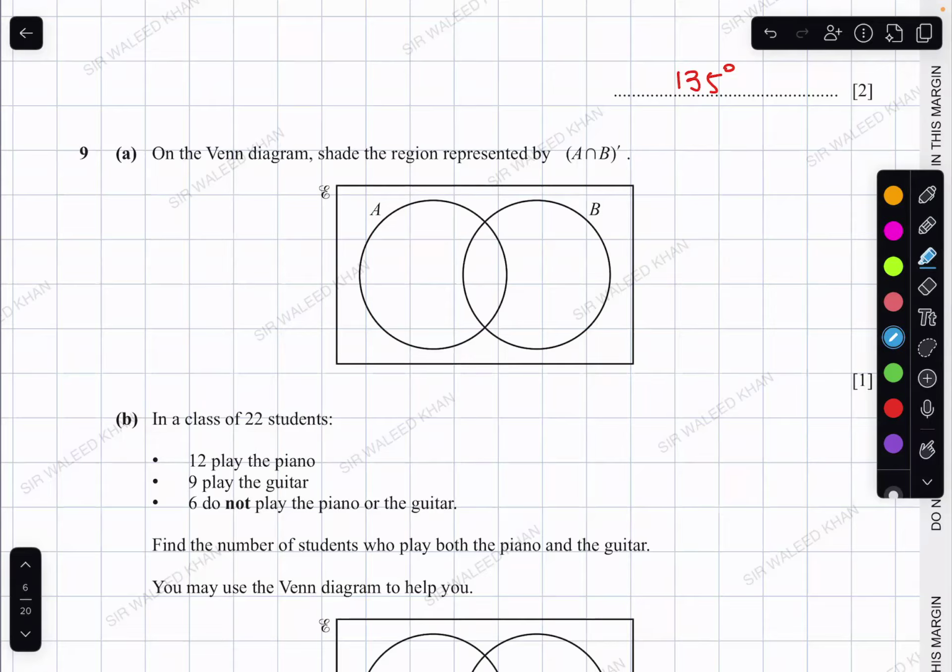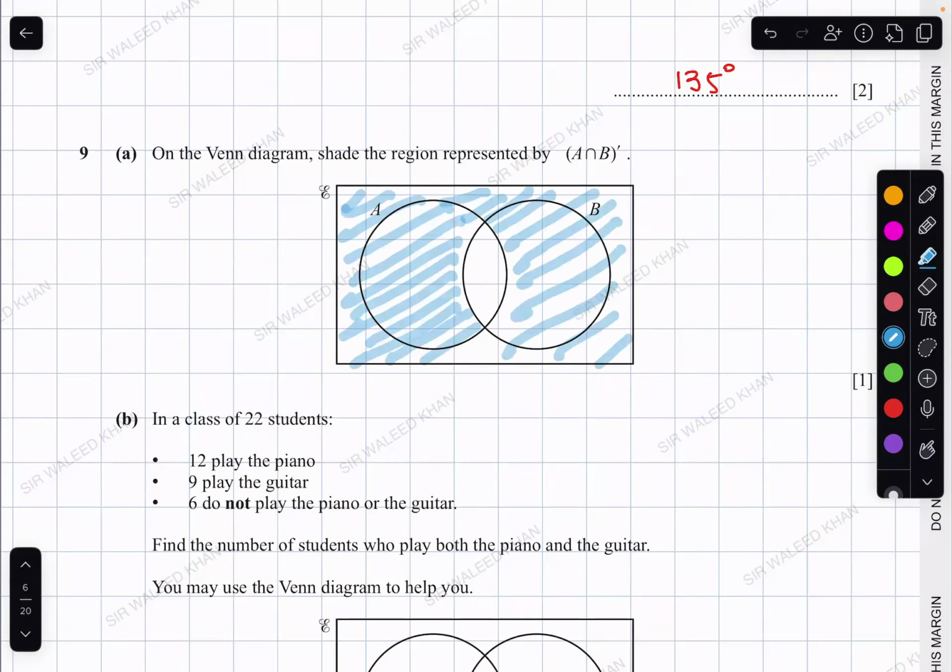Everything outside A and B. The common region, isn't it? Shade everything outside the common region of A and B, right? Is that clear?